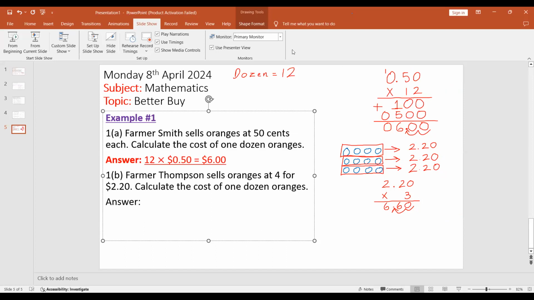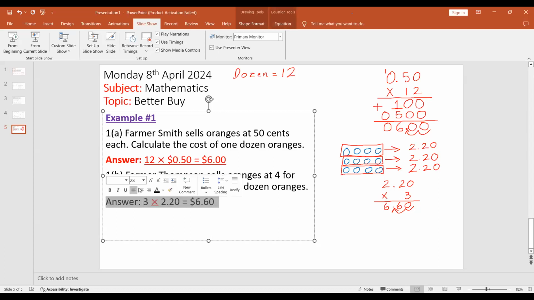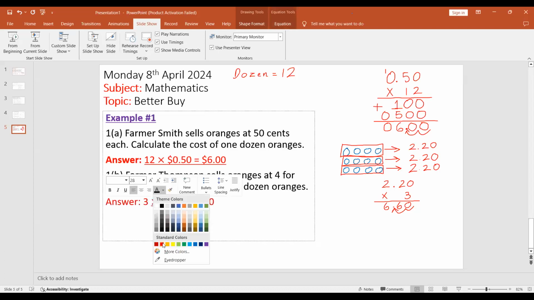So we multiply 3 by 220, and that's gonna be equal to $6.60.